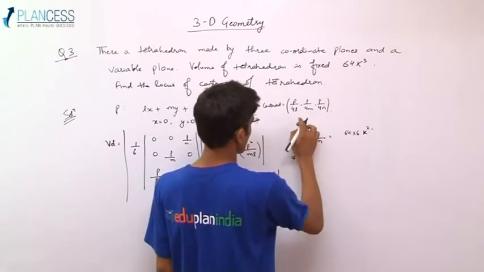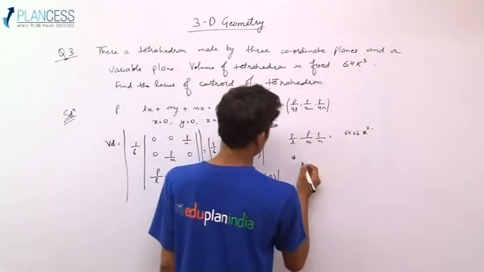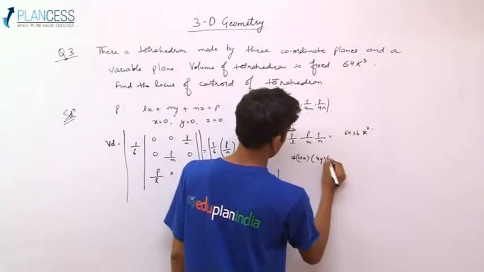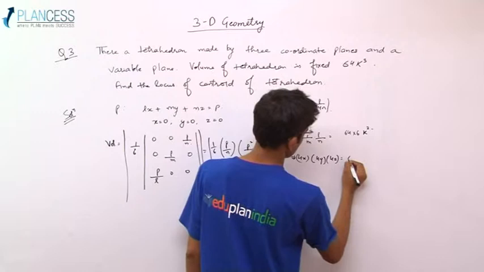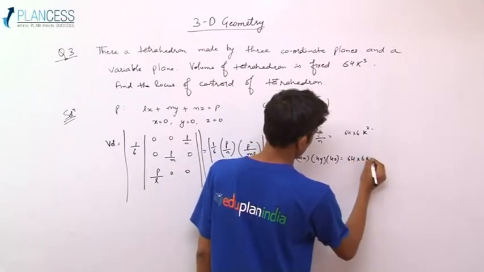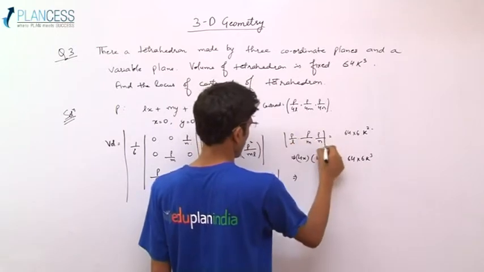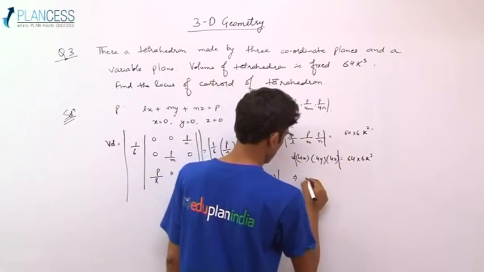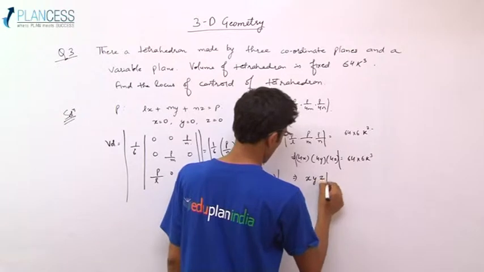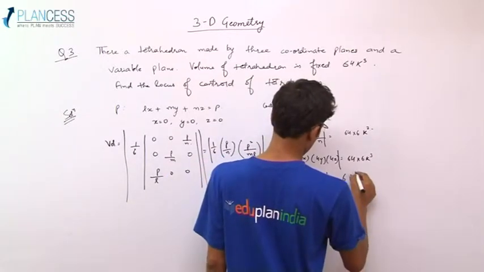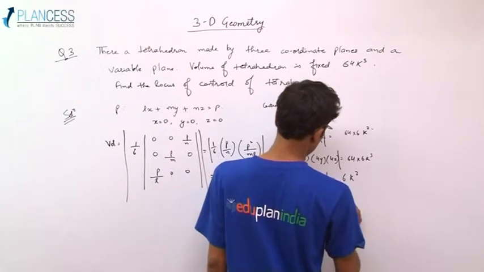So this is p by l is 4x, this is 4y, this is 4z, is 64 into 6 k cube mod, this is also mod, so x, y, z mod is 6 k cube. So this is the answer.